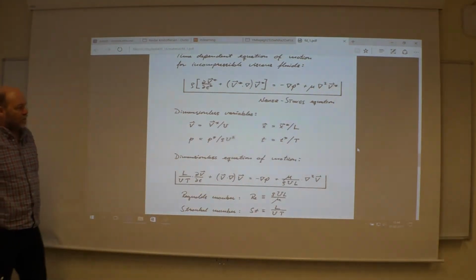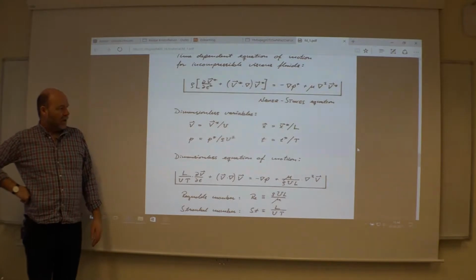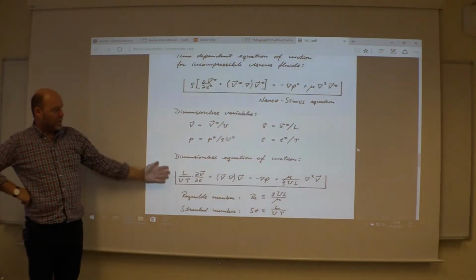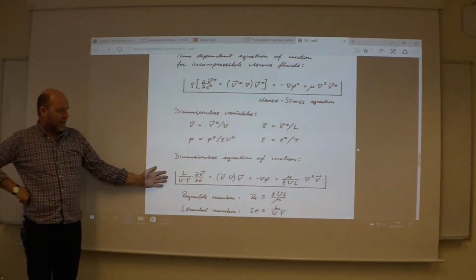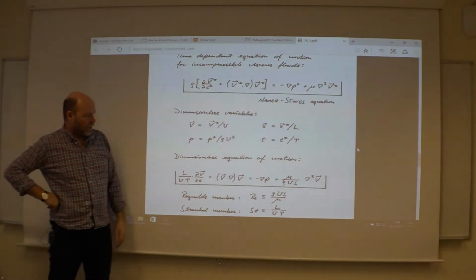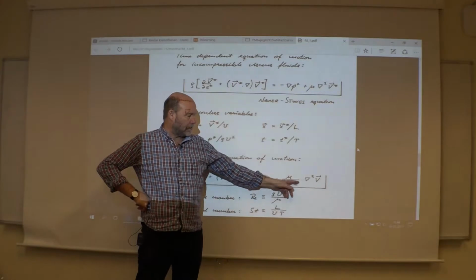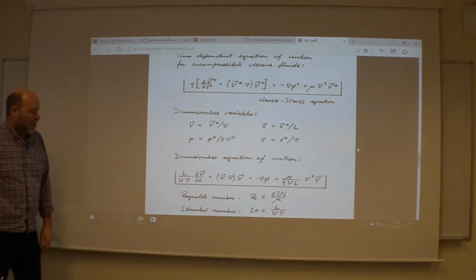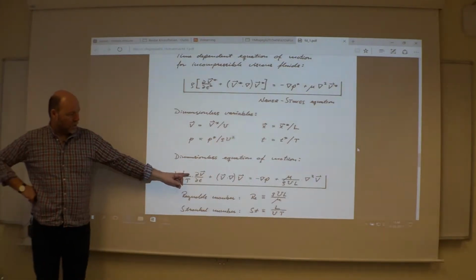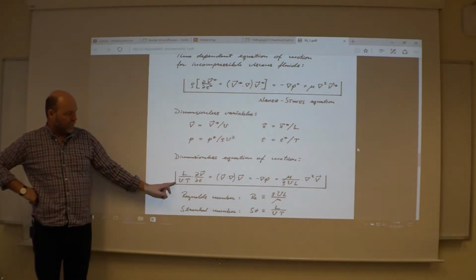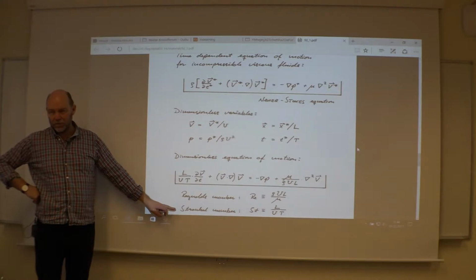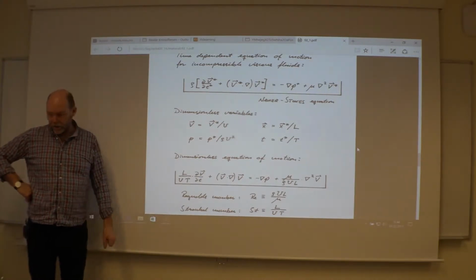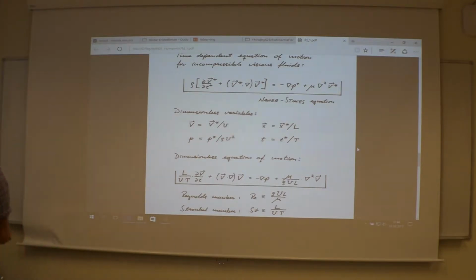If you have a time scale, and now just rewrite the equation in this dimensionless form, you get something that is called a Reynolds number, or actually 1 over the Reynolds number, but you also get something in front of the time derivative, something that is called the Strouhal number. So I'm going to work a little with this Strouhal number.